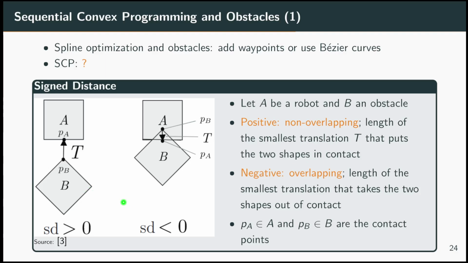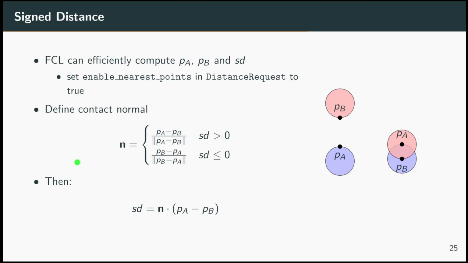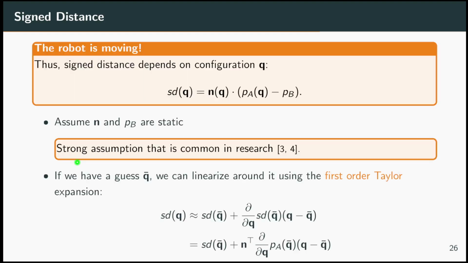So technically it also depends on the position of the robot, but if the robot moves just in a local neighborhood, then maybe PB doesn't change that much. These assumptions are typically made, and it's kind of weird that they are made, but it will simplify the math that we look at in a second.